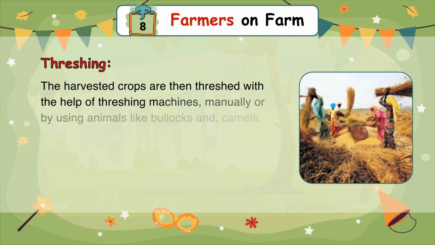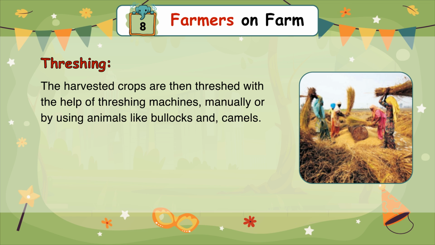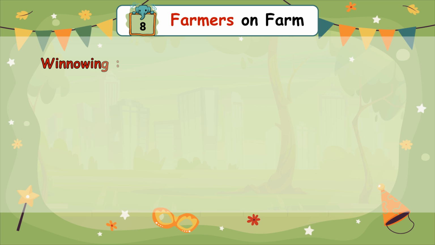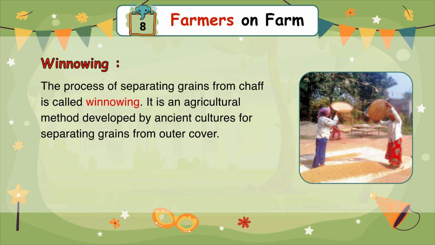Threshing. The harvested crops are then threshed with the help of threshing machines, manually, or by using animals like bullocks and camels. Winnowing. The process of separating grains from chaff is called winnowing.